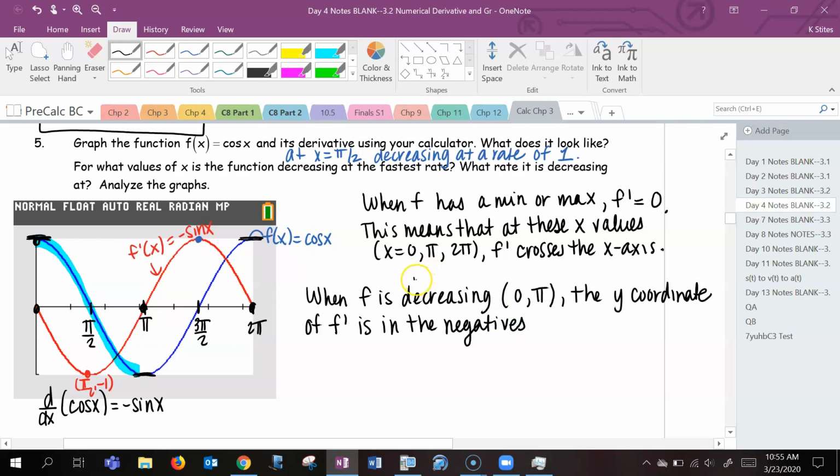Okay, because decreasing means a negative slope. Okay, and we can see that. Negative slope from 0 to pi. So look at this whole section here. From 0 to pi, the derivative is in the negatives.